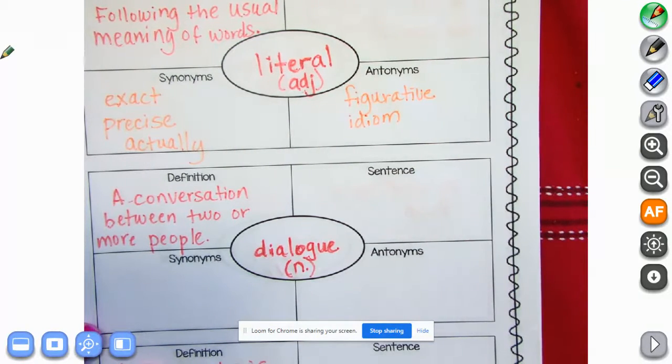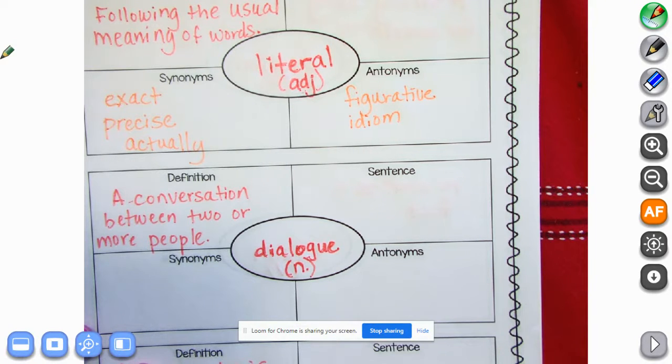So an idiom would be like if they said, the king reigned for a long time, meaning he was the ruler of this area. He was the boss of this kingdom. But it also could be an idiom, which means it's a play on words. The king was literally reigning, like rain was coming from the king, the wet stuff.